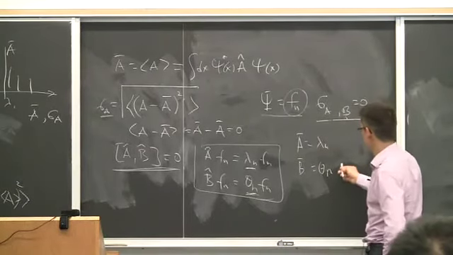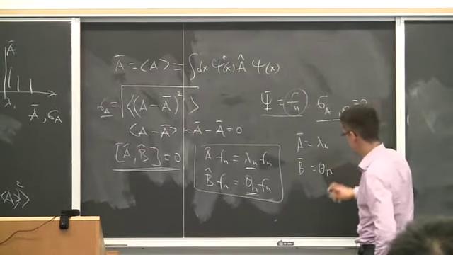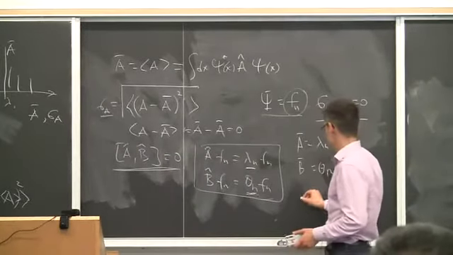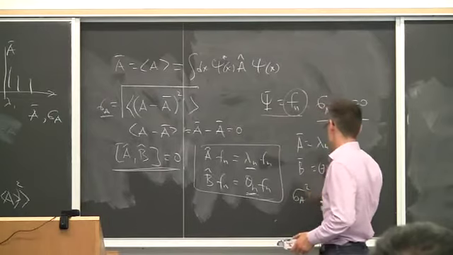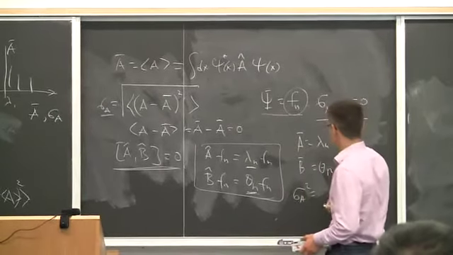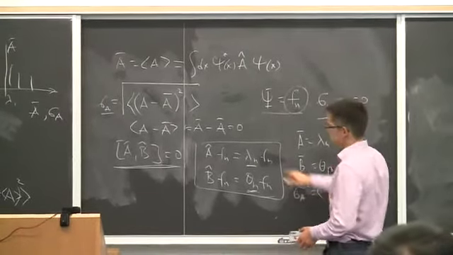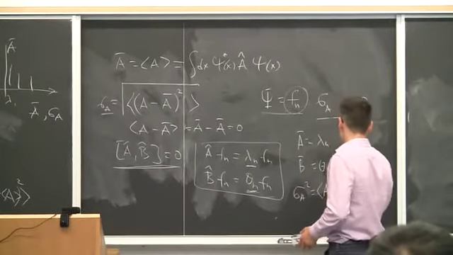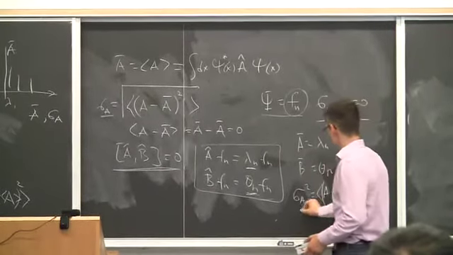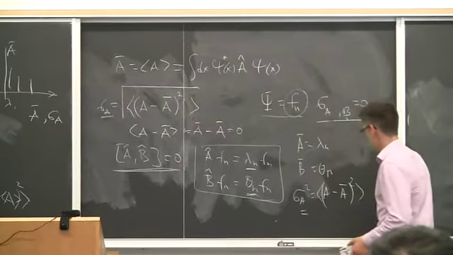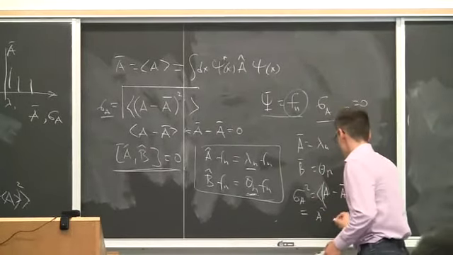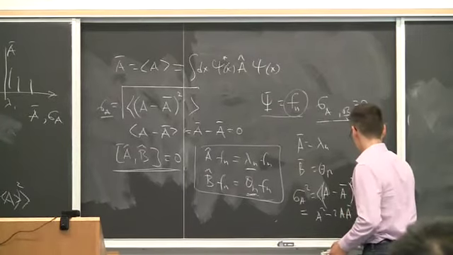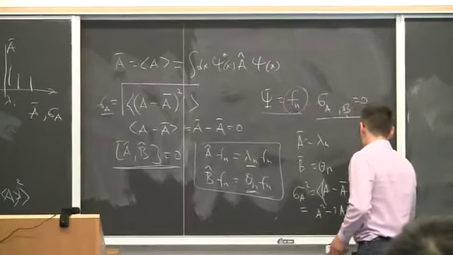There is a simple way to show this through the following algebra, if it's not yet obvious. So this sigma A squared is essentially, if you do the average, (A minus A bar) squared. Then you open the square, you get A squared minus 2A A bar plus A bar squared.